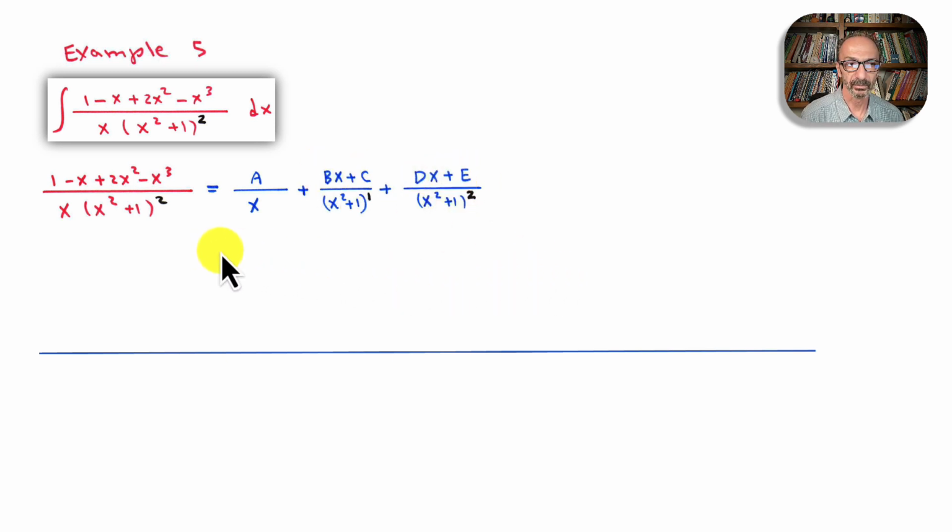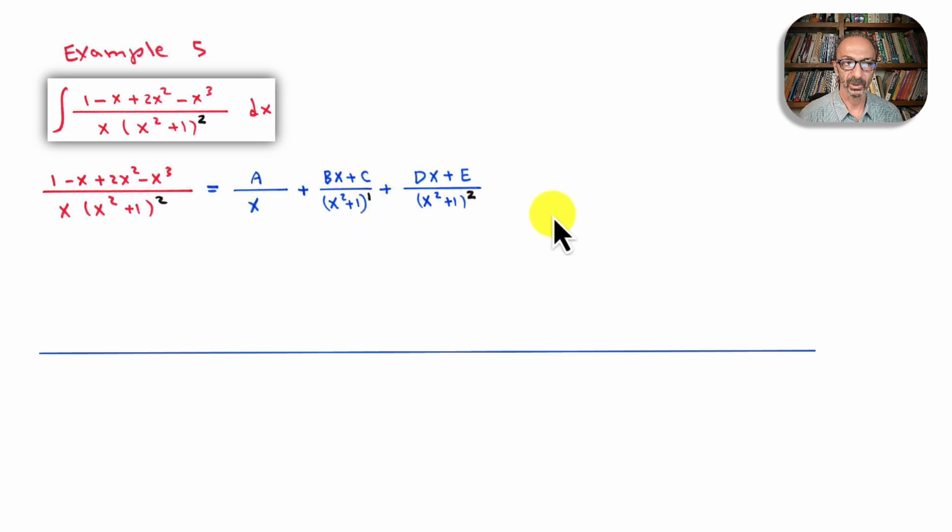Again, we do the same game. We combine these with the same denominator. We need a common denominator, which is this part right here. So this one here is done, it covers that. We need an x. This one here we multiply by x squared plus 1 again to make it second, and we multiply by x.